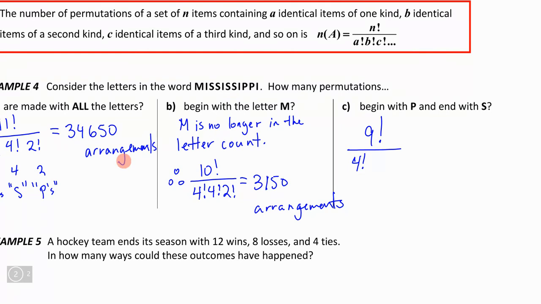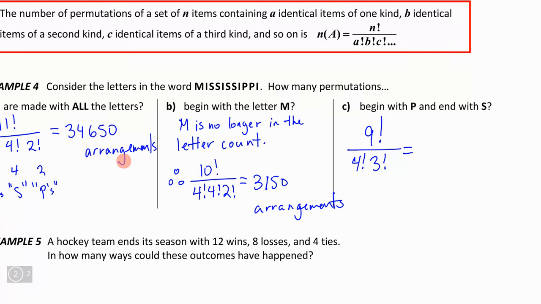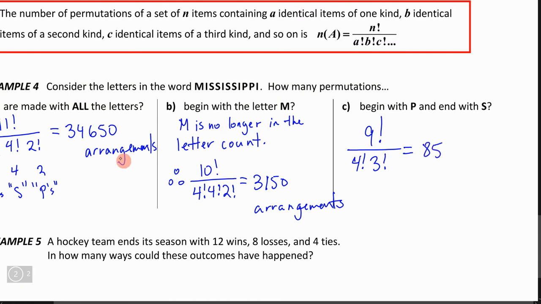There are only 2 p's, so if I had divided by 2 factorial before, I'm no longer doing that. Same thing for the s's. So if I have 4 s's there, and I already have forced myself to end with an s, then I only have 3 other identical elements, those 3 s's left to determine. So I have 3 factorial ways to arrange those s's. So my bottom becomes 9 factorial over 4 factorial, 3 factorial, which is 8,520 arrangements.